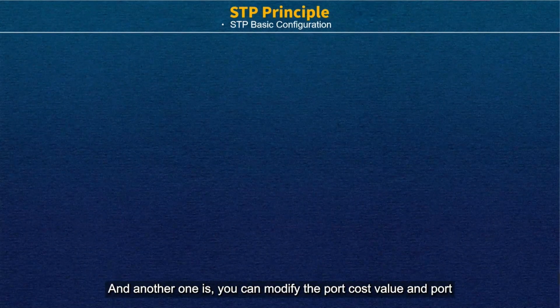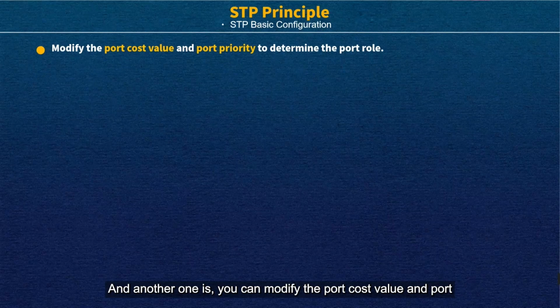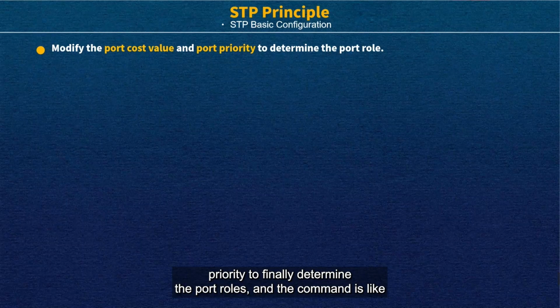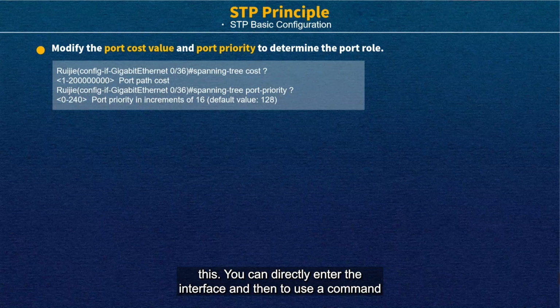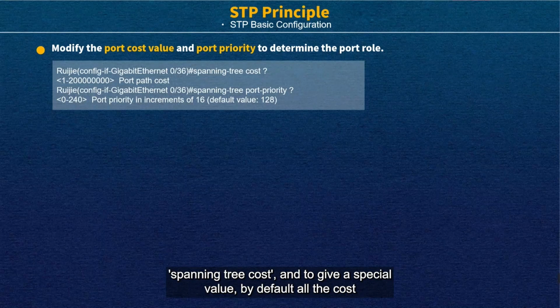Another thing is that you can modify the port cost value and the port priority to finally determine the port roles. The command is like this: you enter the interface and then use the command spanning-tree cost with a specific value.